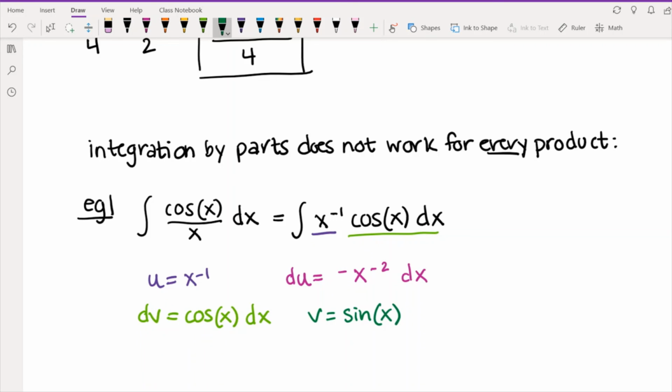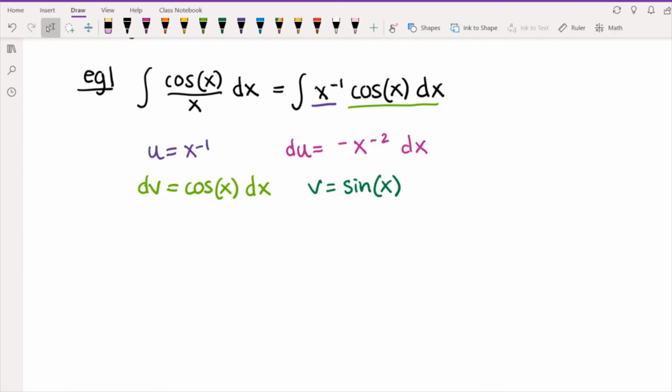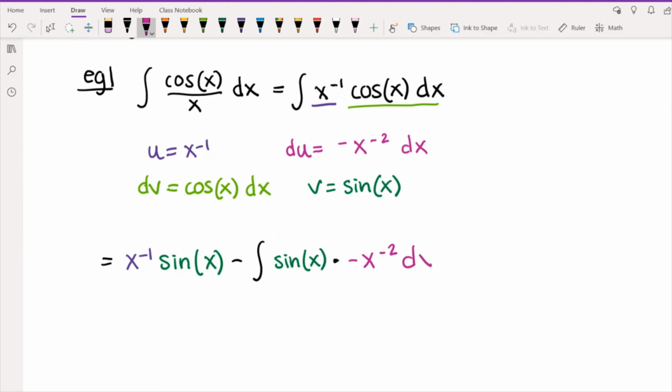So if we put these pieces together, we would get u times v, so that's x to the -1 times sine of x, minus the integral of v times du, so that's sine of x times negative x to the -2 dx.